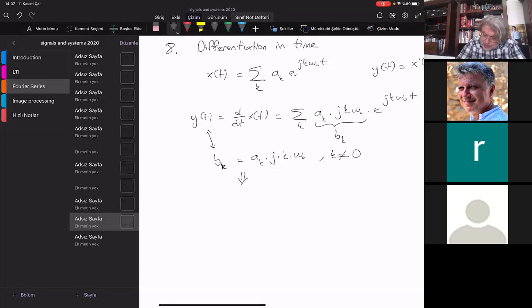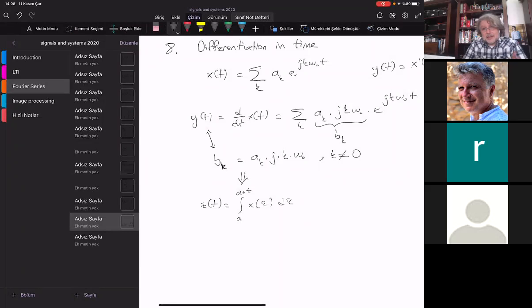For instance, you can say z of t is equal to the integral, within one period, but I have to be careful about how to put it, from a point A to a point A plus t of x of tau d tau. So it's the inverse operation of what we have been doing in time derivative.